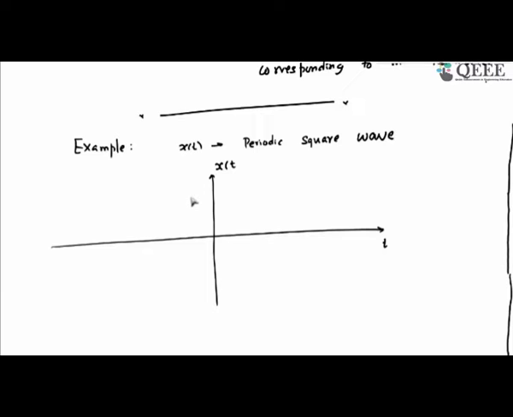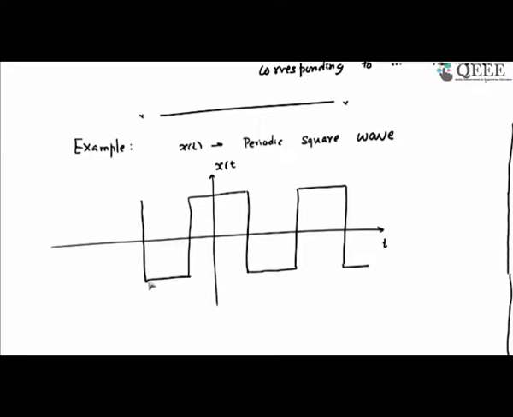Let us say it is like this. Its on cycle and off cycle have the same duration, and it goes on and on. This is the fundamental period.